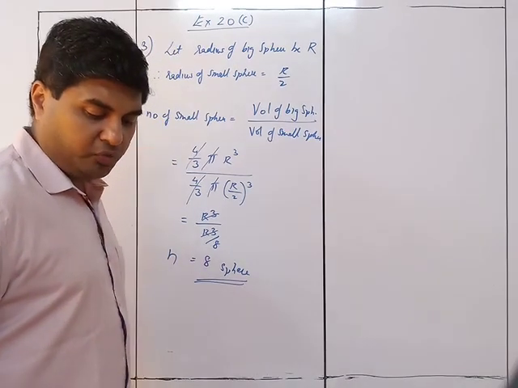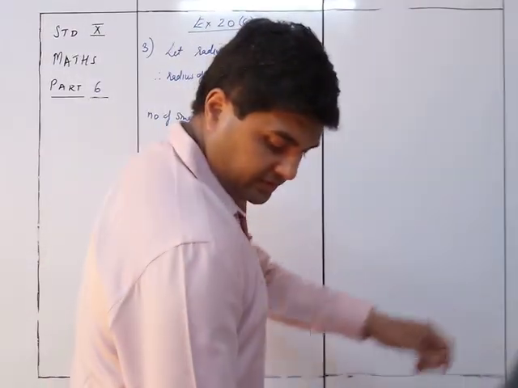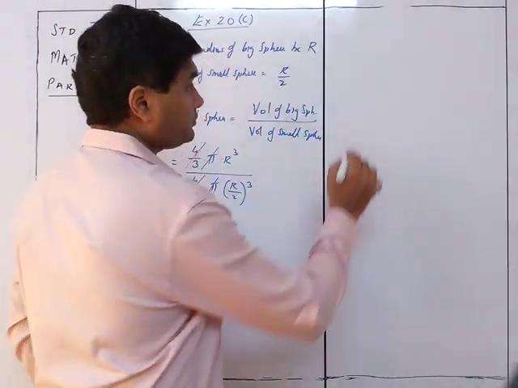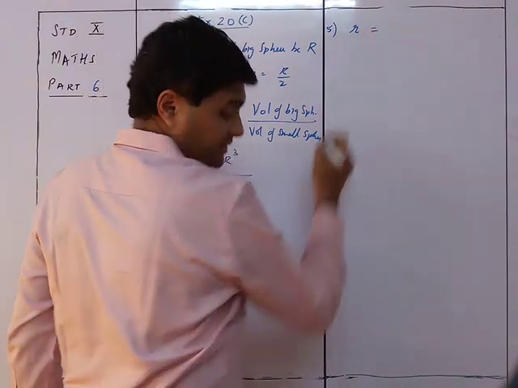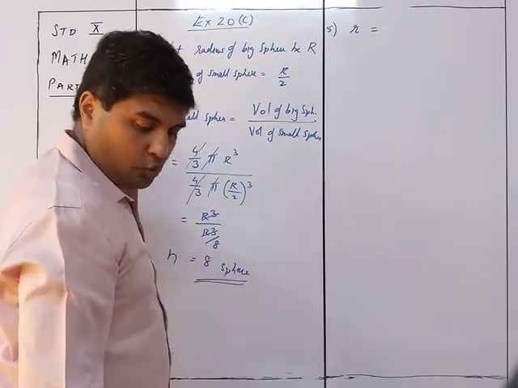Calculate the radius of the new sphere. So here it is given that r is 2 mm.